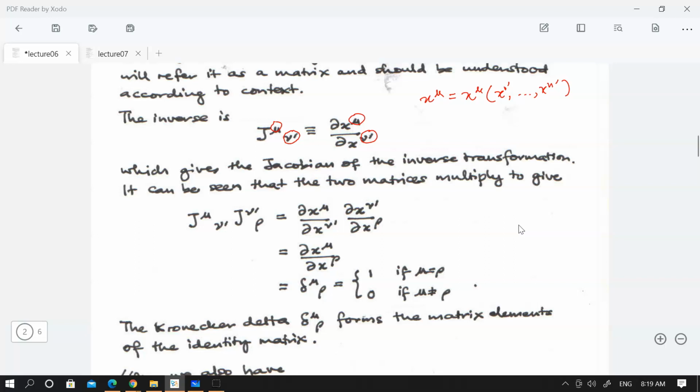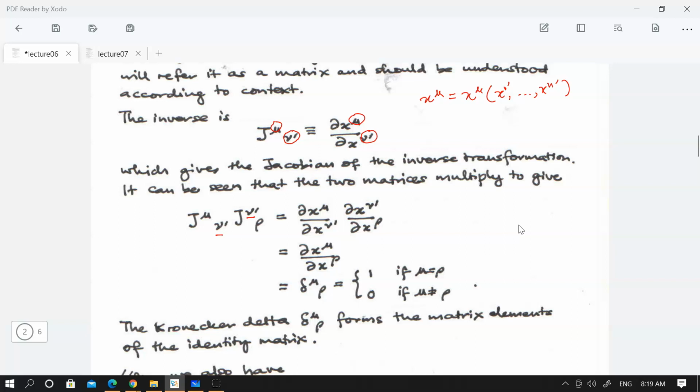So you multiply the two matrices together. Remember, when you multiply two matrices, there is an index for which they must be adjacent. So here is the dummy index, for example, adjacent to each other. Remember, you have to sum this.